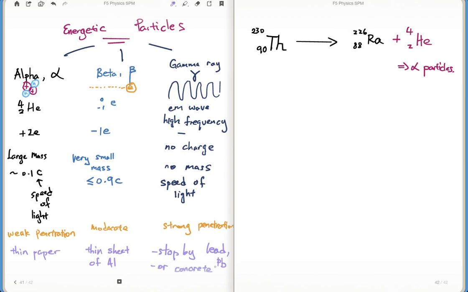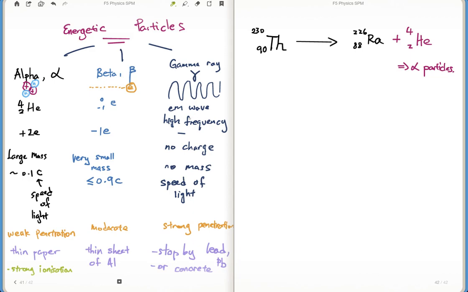So you may go through your reference textbook, how the comparison works, and I will go through it with you. Then alpha has very weak penetration, but it has very strong ionizing power, ionization power.